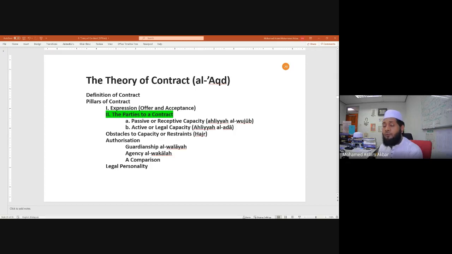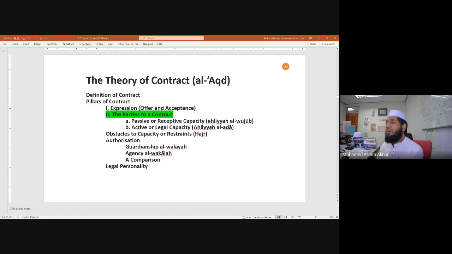Because if the government knows, the government will apply taxes. If they pay tax, then the price will be the market price. If they don't pay the tax, then the price is cheaper than the market price. So we need to find out, because Sharia doesn't want the government to have any loss. So these are very important things to understand.